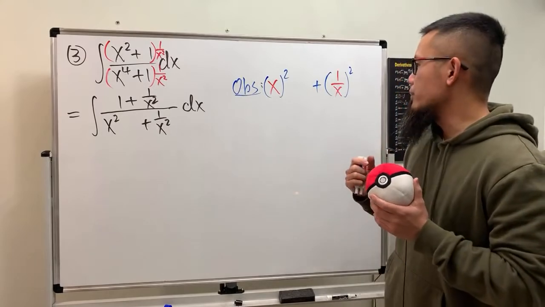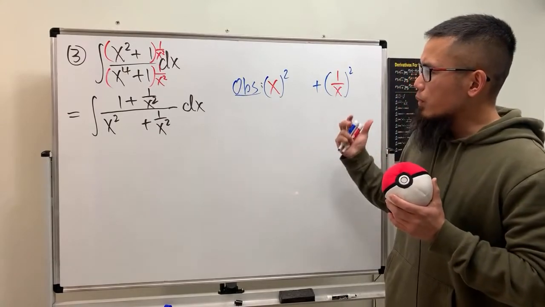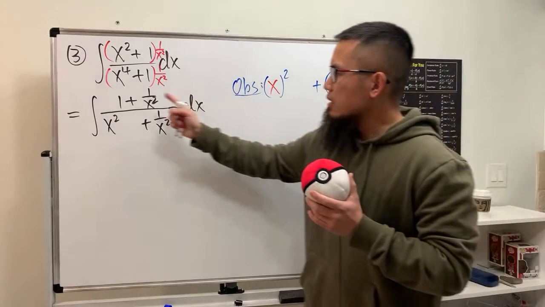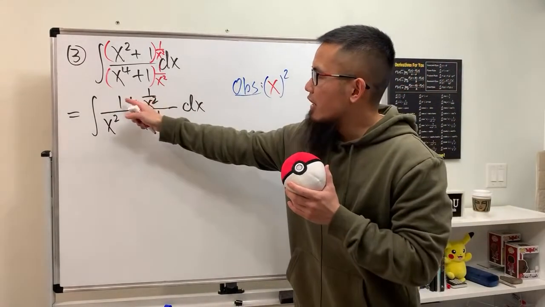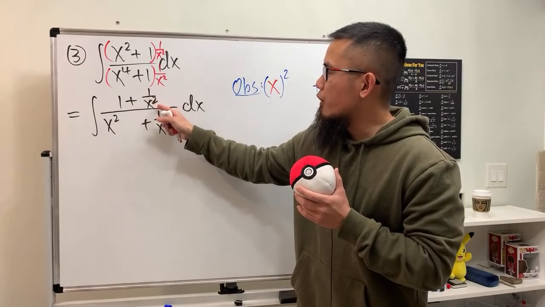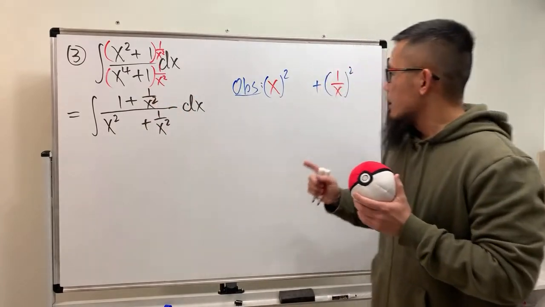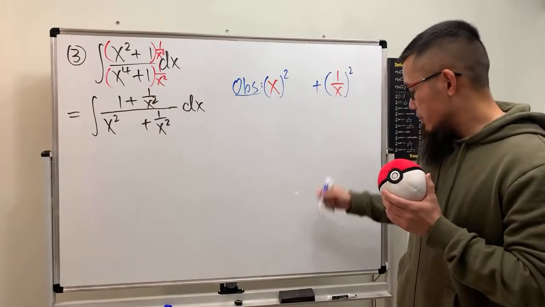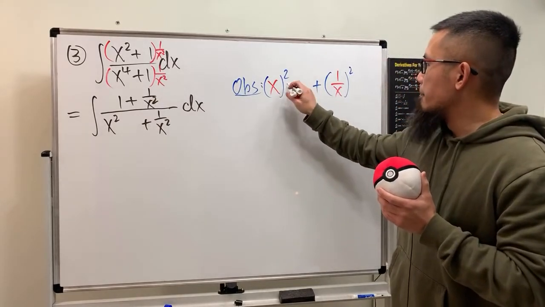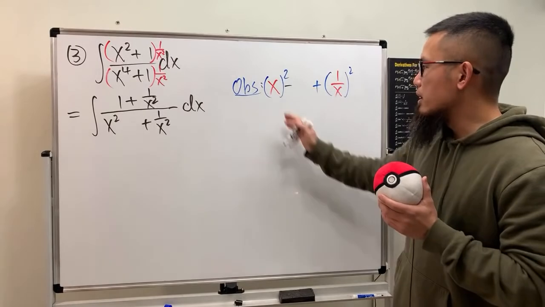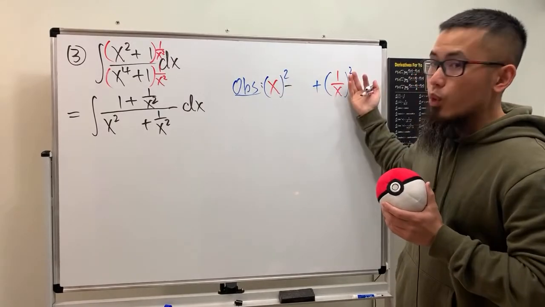So what do we want to do? The reason that we want to do this is because on the top, this is also going to be pretty nice. Have a look. We have 1 plus 1 over x squared. What we are going to add here is minus 2ab, because this is a squared and this is b squared already.